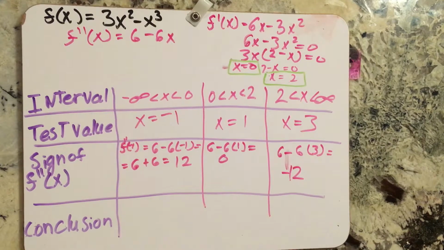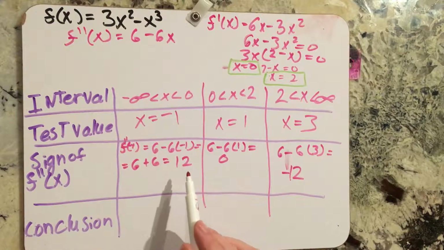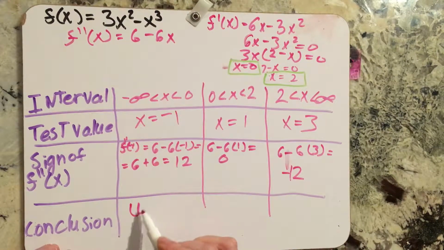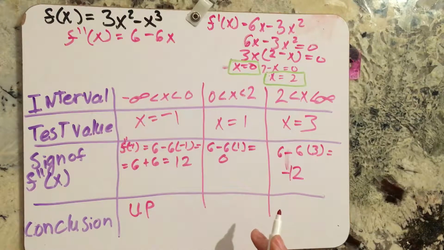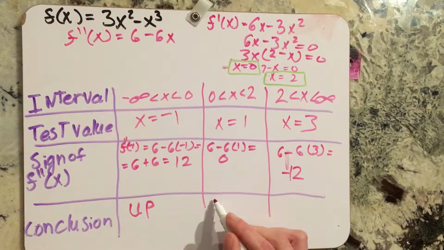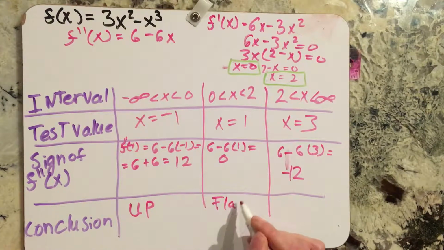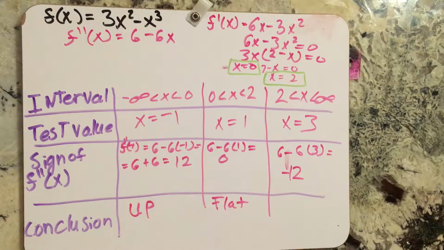So now we know this is concave up. This one doesn't work, so we can either say the test does not work or concave flat. It depends on what your teacher wants you to do here. That really just goes by teacher. And then this is concave down.